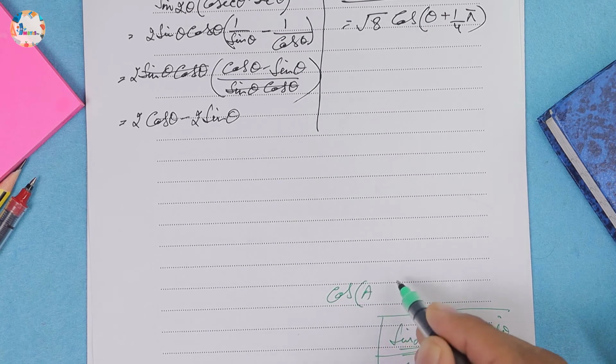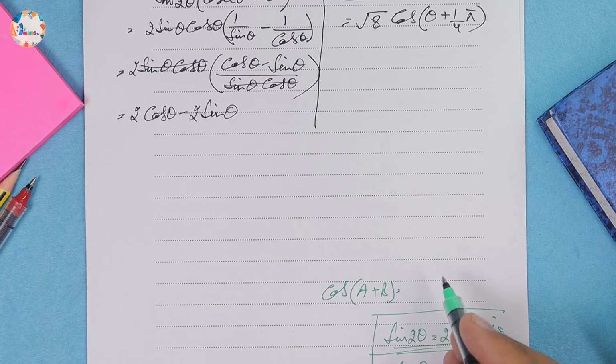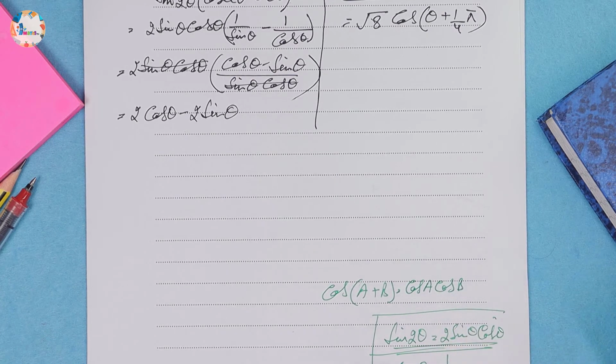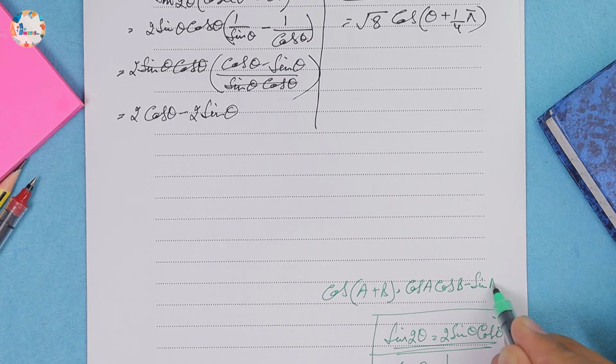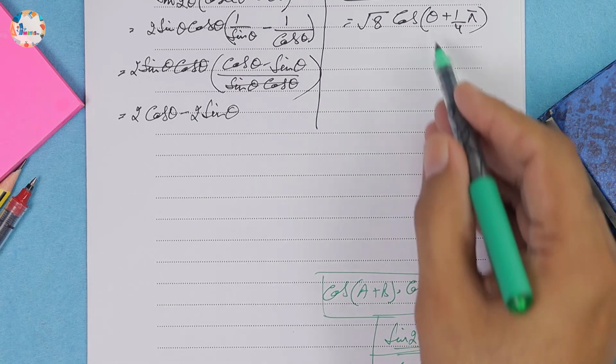Cos of a plus b is equal to cos a cos b minus sin a sin b. So this will be the next formula which we are using on this side.